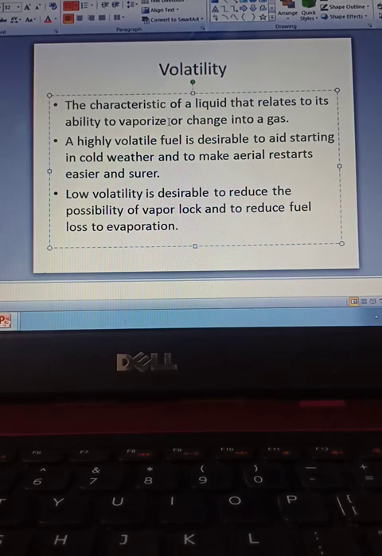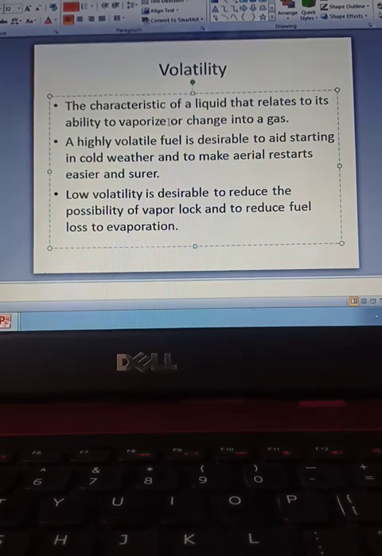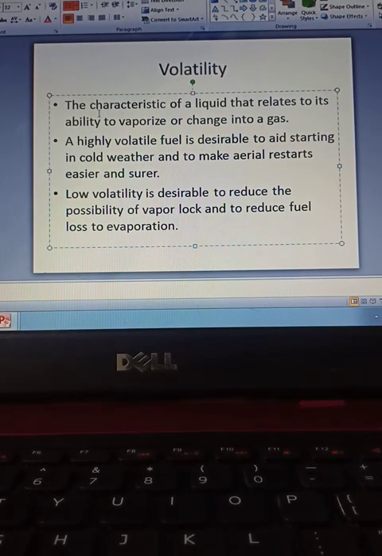While low volatility reduces the possibility of vapor lock and reduces fuel loss to evaporation, but is less desirable for starting during cold weather operation. There is a difference between the high volatile and low volatile.